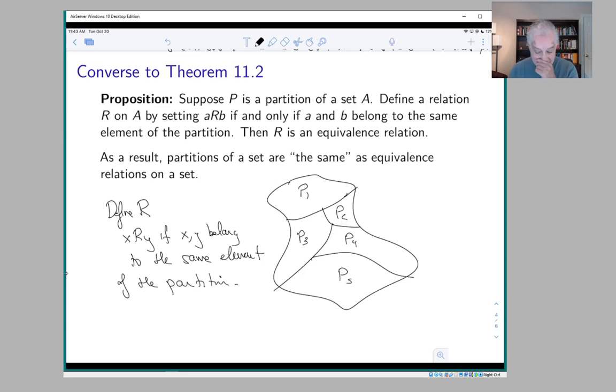It turns out that's an equivalence relation, and that's going to be a homework problem. So you have to check that this condition implies that the relation is reflexive, symmetric, and transitive. So the upshot of all of this is that if you want to take a set and divide it up into disjoint subsets that cover the whole set, what you're really doing is constructing an equivalence relation on the set.